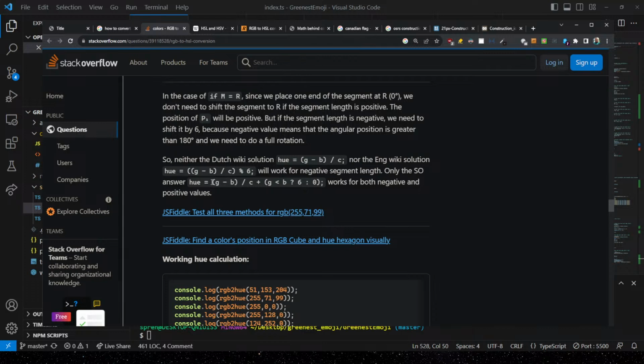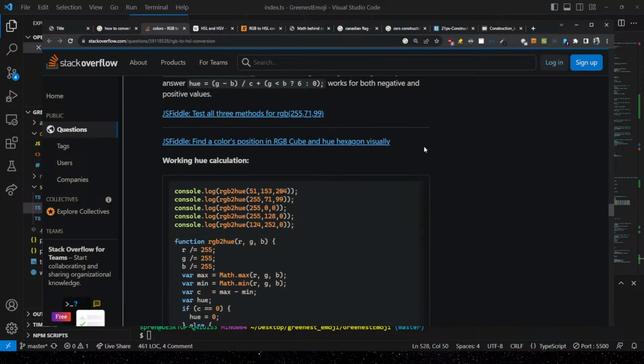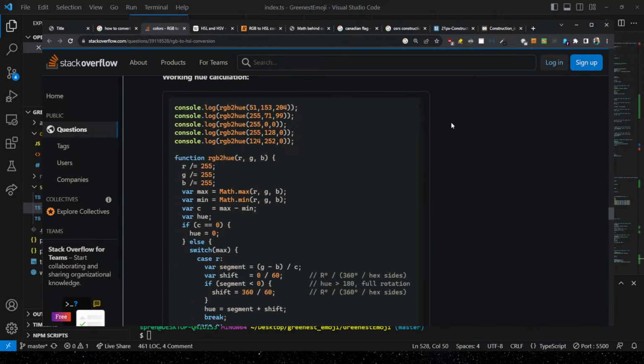Only the Stack Overflow answer, which is this, will work for both negative and positive values. That concerns me a little bit, that I could be calculating the wrong hue value. That's not what I want to hear.